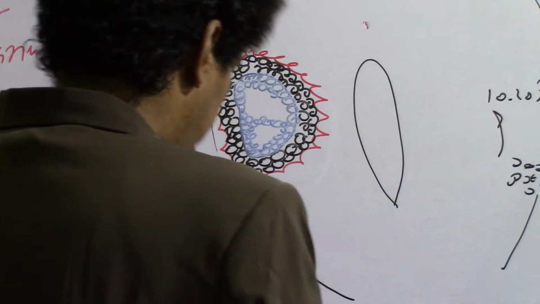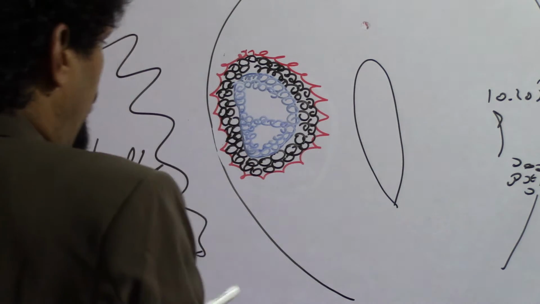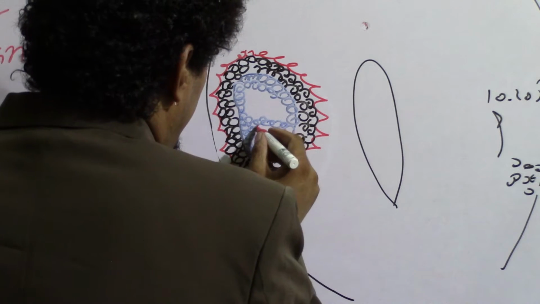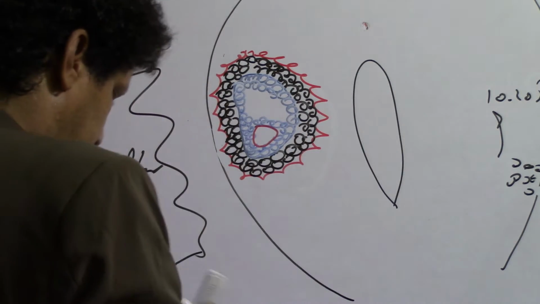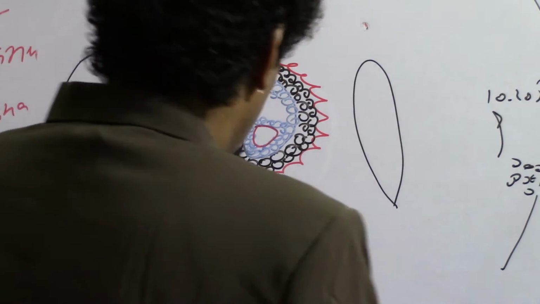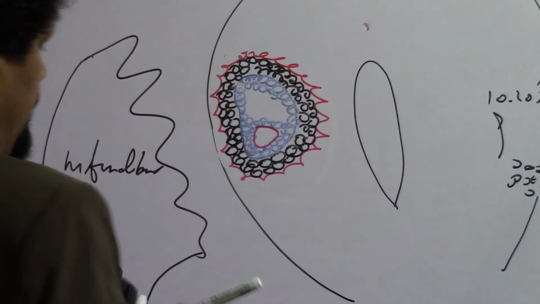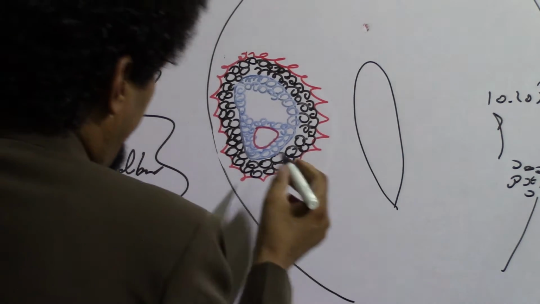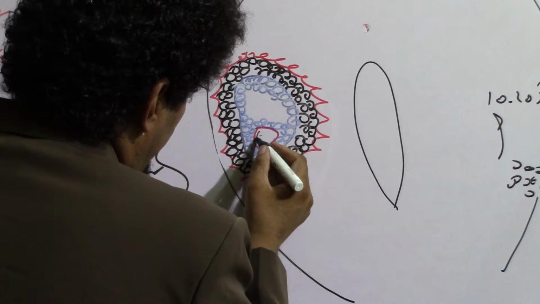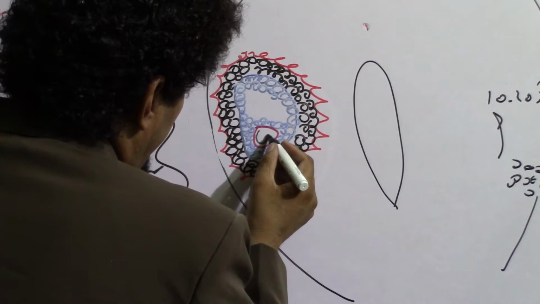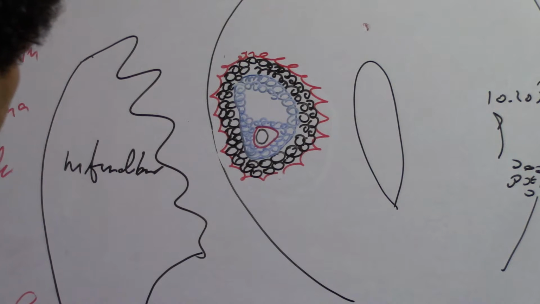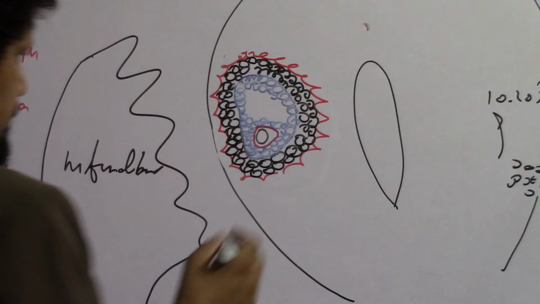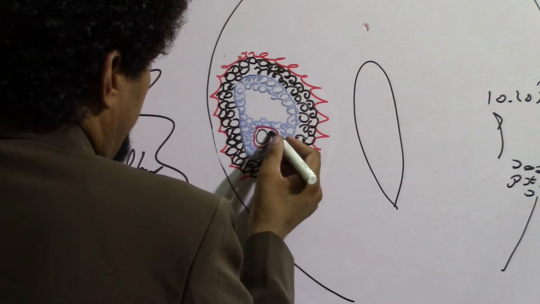Here is again the amorphous layer of zona pellucida, and inside it is the secondary oocyte, which is stuck in metaphase of the second meiotic division. At this stage, chromosomes are arranged in a plate known as the metaphase plate, and here is the first polar body.